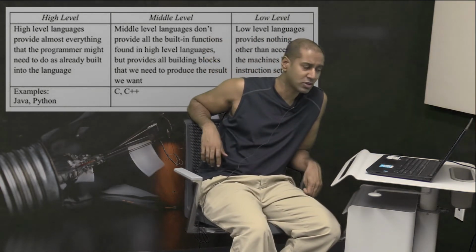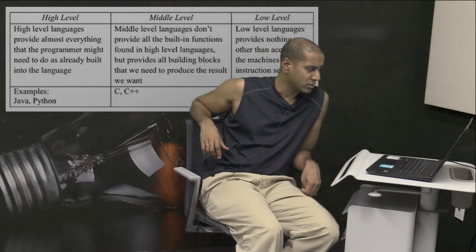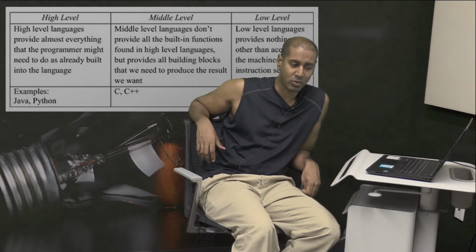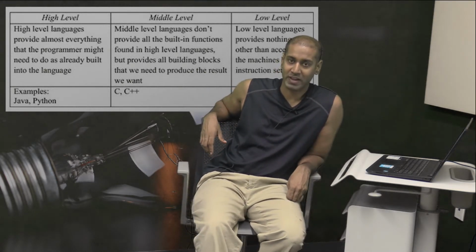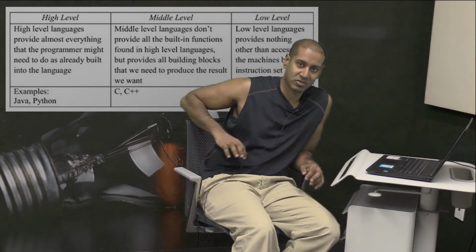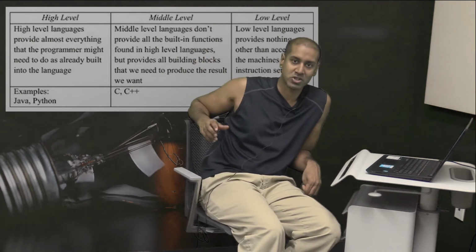Low-level languages are used for interacting directly with hardware. These include assembly or machine code. So if you ever watched one of those old movies like Hackers or other old movies from the 80s that dealt with computers, you'll see them typing in ones and zeros or they'll flood the screens. That's machine code.